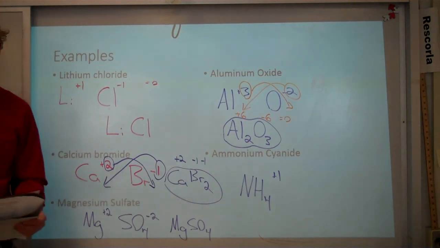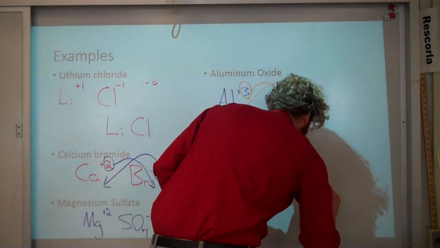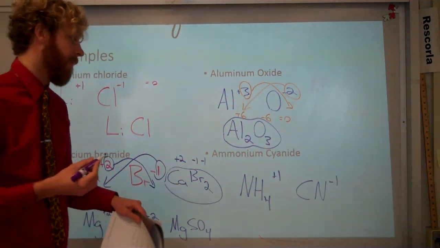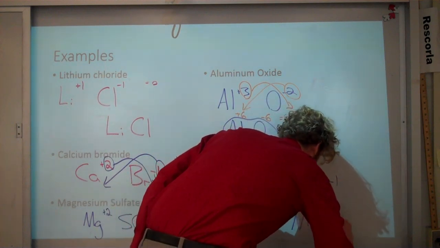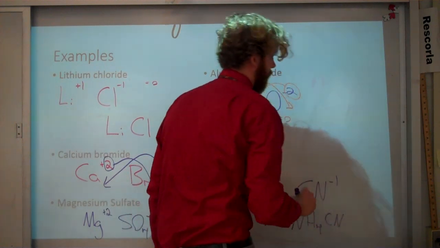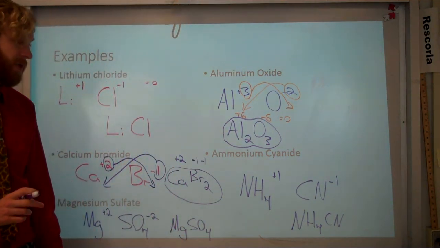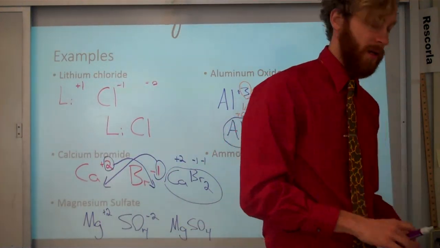Cyanide, don't eat it, it'll kill you, is CN -1. Those charges equal one another, so we are left with NH4CN. Alright, and that is how you write the formulas for ionic compounds.